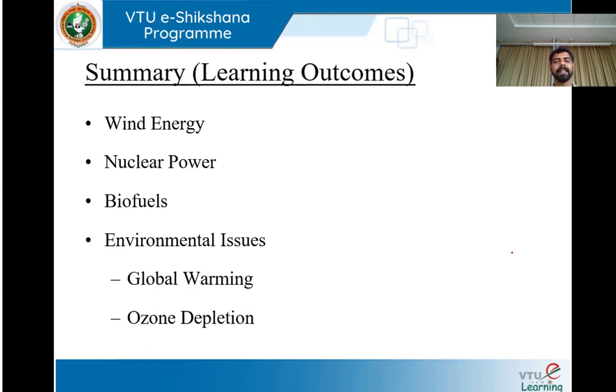With these three lessons, we have covered energy, the classification of energy, the forms of energy, and two types of energy conversion process, namely conventional or non-renewable sources, and non-conventional or renewable sources. Under each category we have discussed its formation, its usage, and how it can be converted from one form to another.